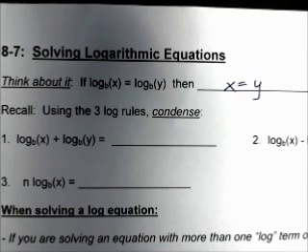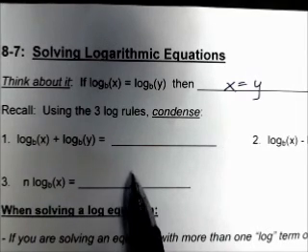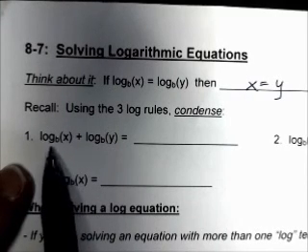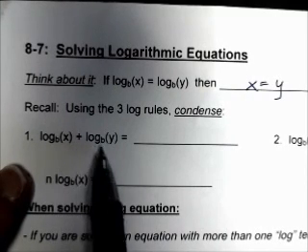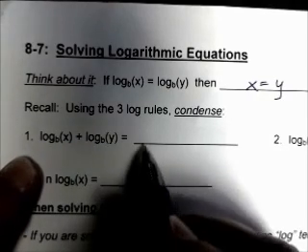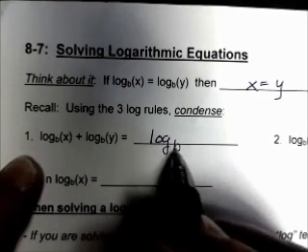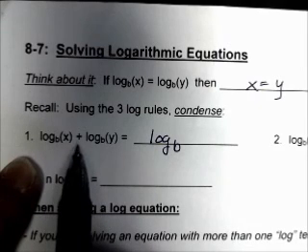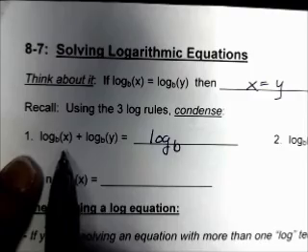Recall our log rules. When condensing, if we have log base b of x plus log base b of y, to condense to a single log, this would equal log base b of, remember, addition meant it was multiplication to begin with.